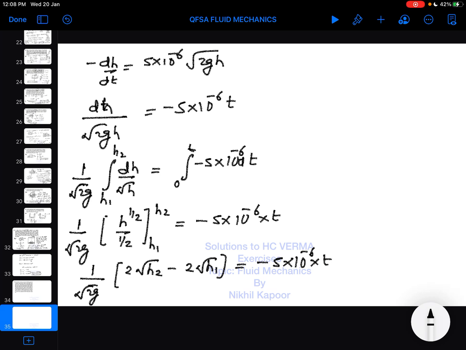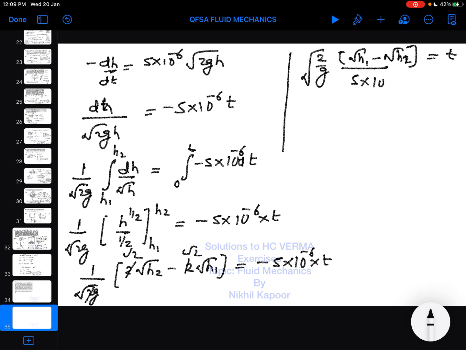So on rearranging, I can say that this comes out to be under root 2 by g. On solving, this 2 and this get cancelled, so the root 2 will remain here. So root 2 by g in bracket root h1 minus root h2, that is initial height minus final height in root, is equal to time, and this is divided by 5 into 10 to the power minus 6.